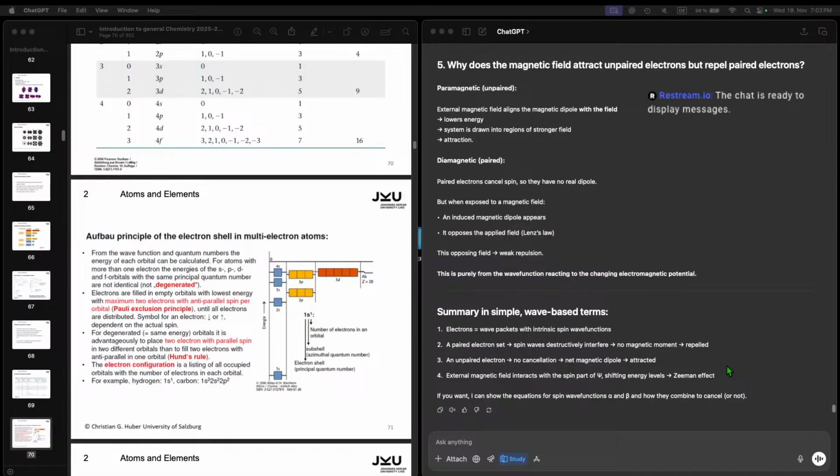I can't comprehend this. Come on. So paramagnetism, unpaired electrons. What was the other one? Diamagnetism.